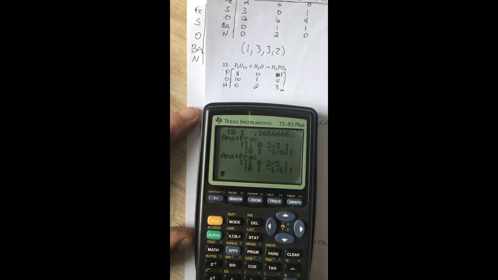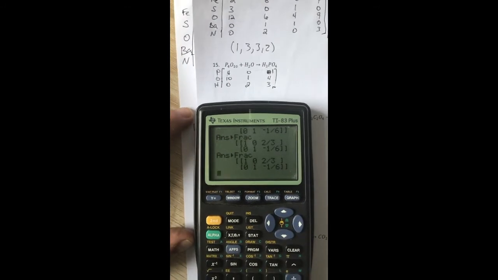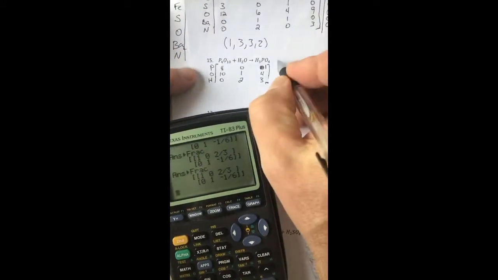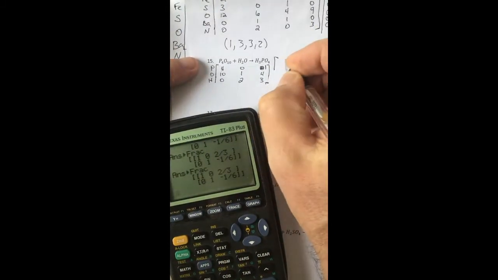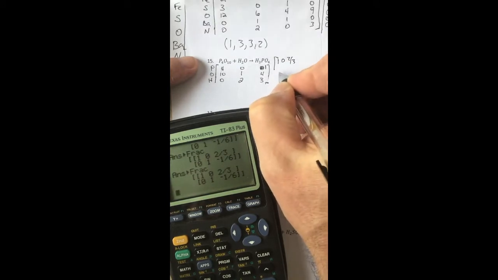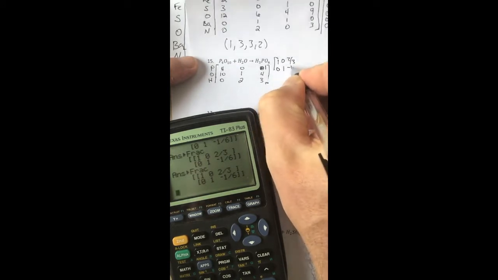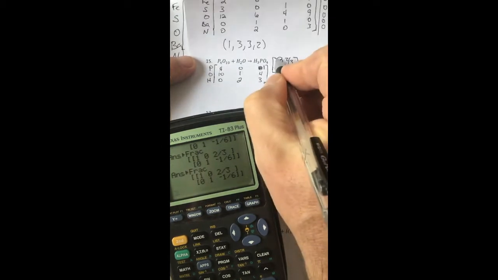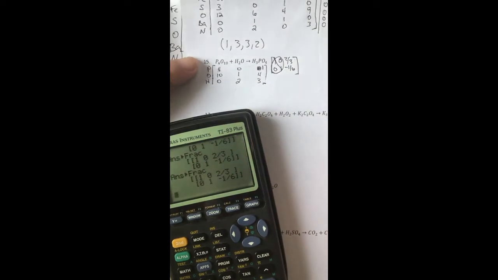Reduce that thing down as some fractions. Okay, so that one turned out nicely. So I've got 1, 0, 2/3, and I've got 0, 1, -1/6. So there's the reduced row.